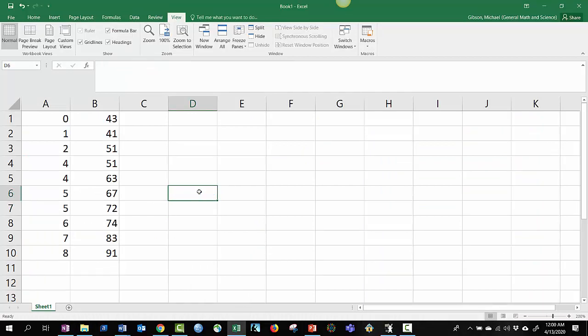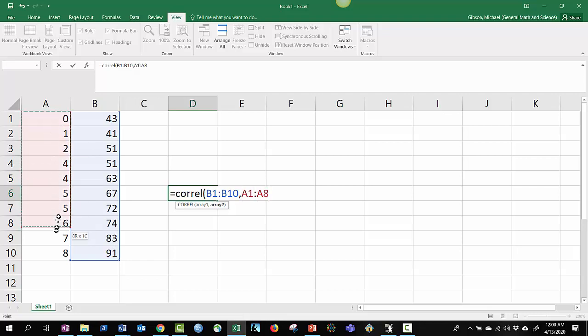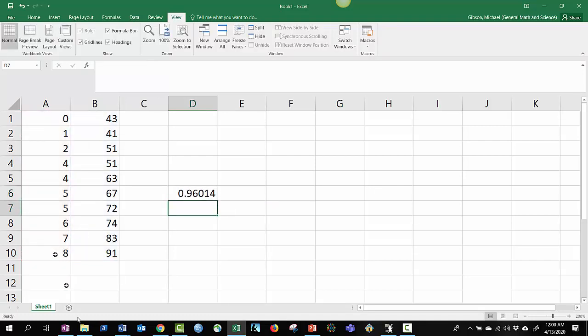So what you do then, the command as I showed you before, is equals CORREL, open parenthesis, highlight the Y values, comma, highlight the X values. This command actually doesn't care which one you highlight first, but some of the ones we use in the next section do care, and they always want the Y first, so I just do them all the same.